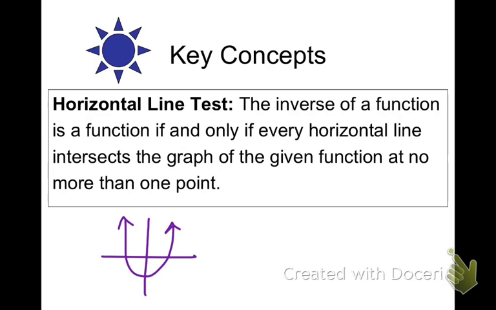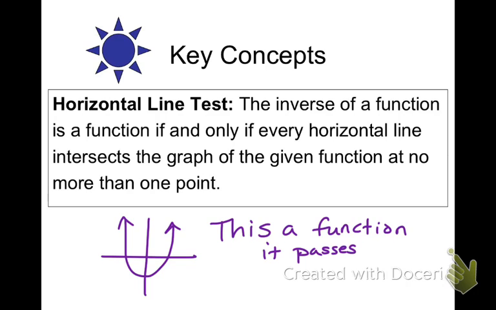First graph. Is that graph a function? Does it pass the vertical line test? Yes. So this is a function. It passes the vertical line test. Would its inverse be a function?